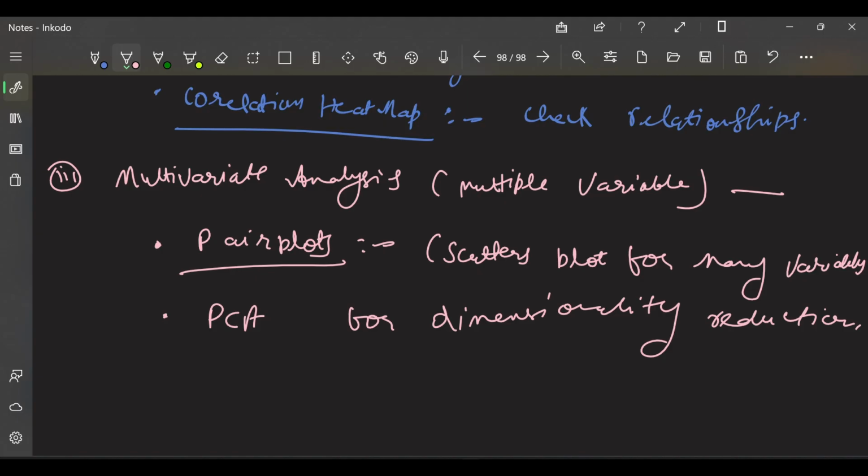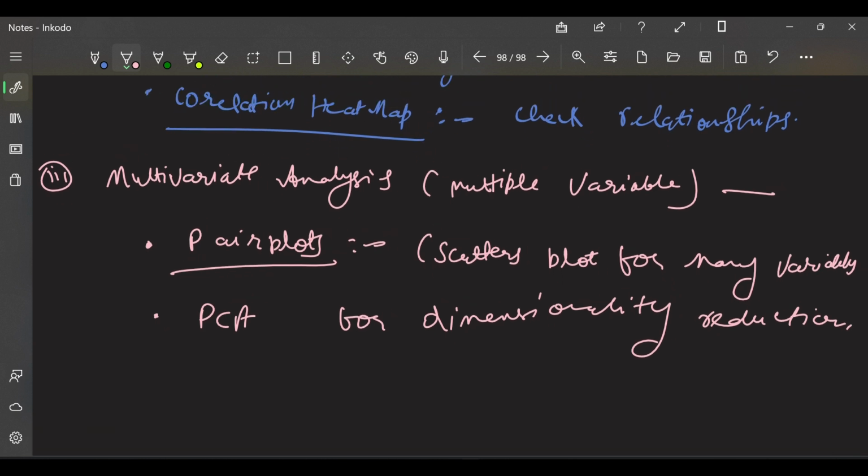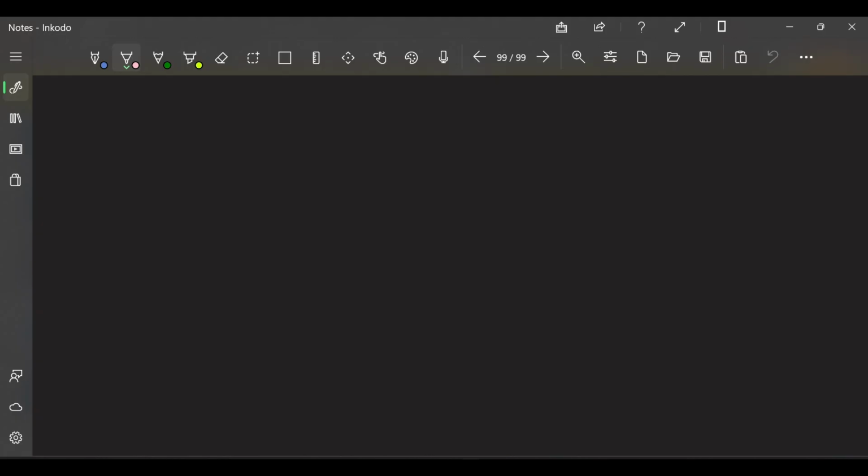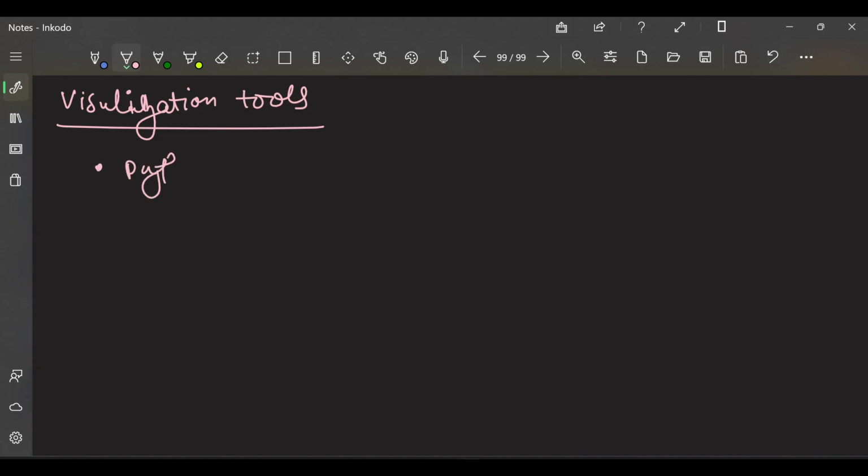Now we will talk about the visualization tools which we have available. Let me go to the next page. Visualization tools. The first is Python.